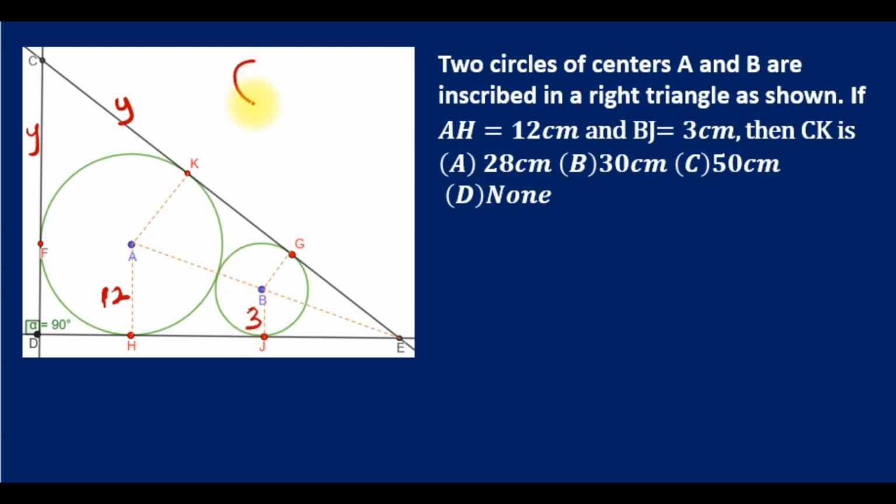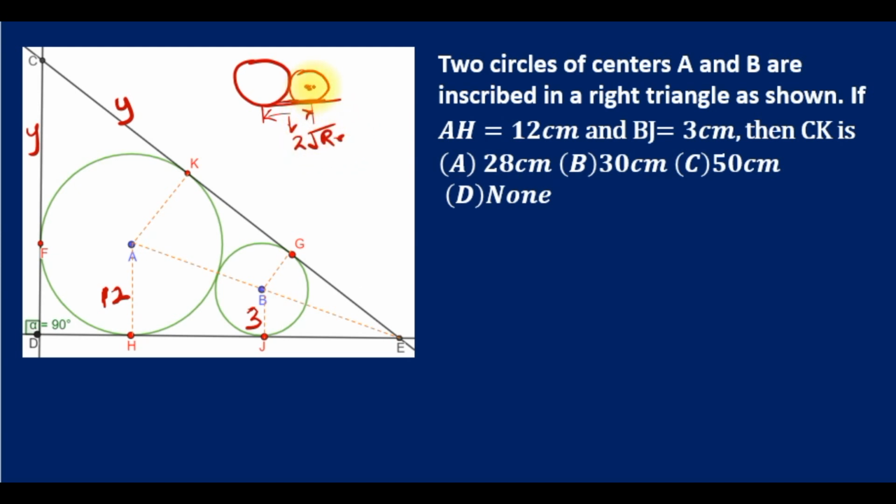If two circles are tangent, like they have common tangents, the length of the tangent line is always 2 times the square root of the product of their radii.